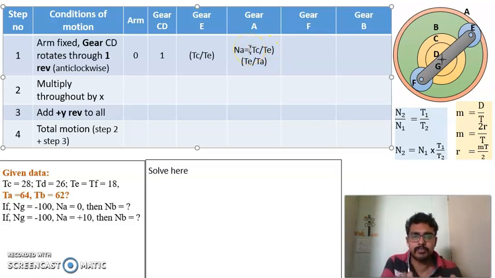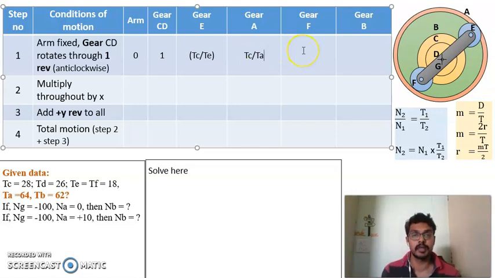Since there is a lot of confusion because there is too little space, I will remove this Na from this particular term. Now if you look, this is Tc by Te into Te by Ta. We have Te in the denominator and here we have Te in the numerator. This Te and this Te will cancel out each other and ultimately what will be left is Tc by Ta.